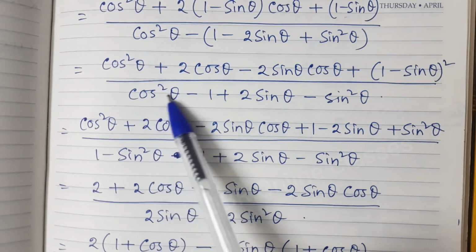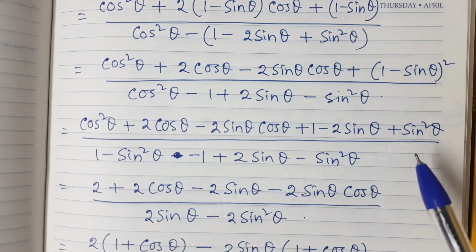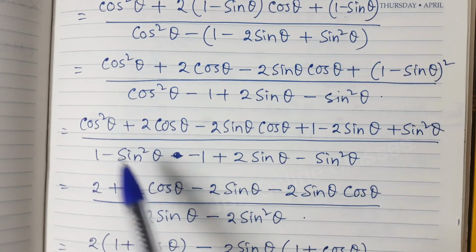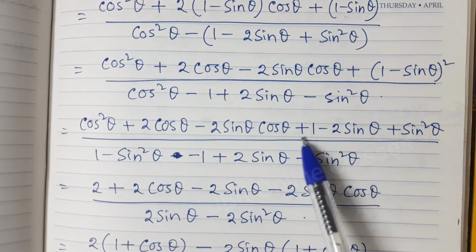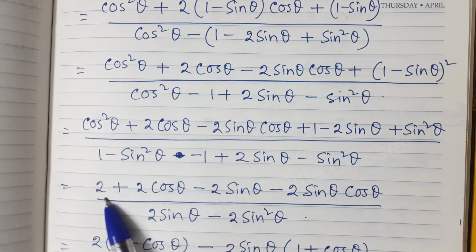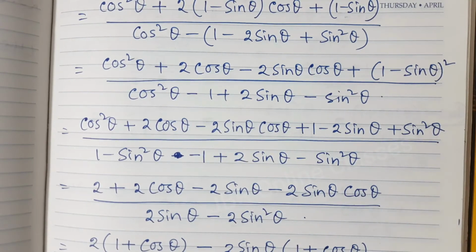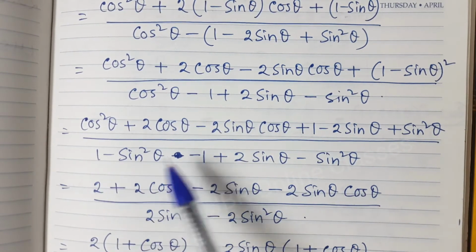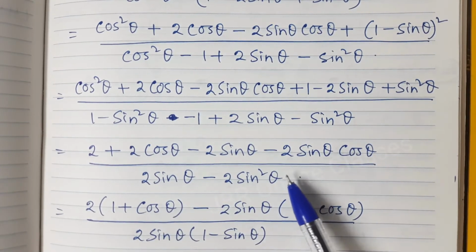Now see here, cos square theta plus sine square theta will be 1. With this 1 that will be 2. These are the rest of the terms, and this one will get cancelled, and finally here is the new denominator.